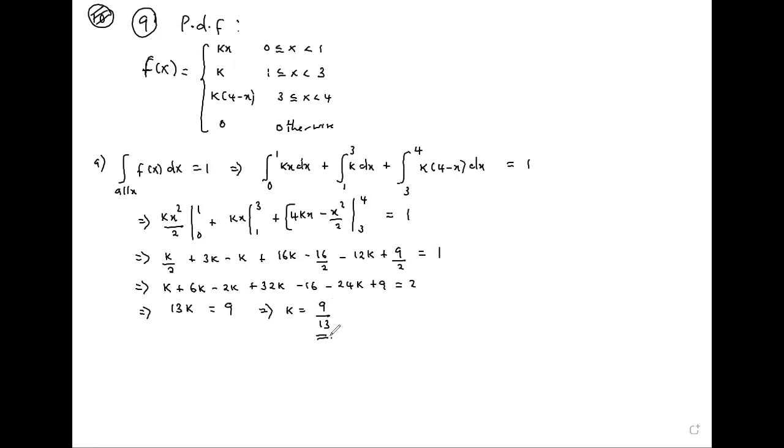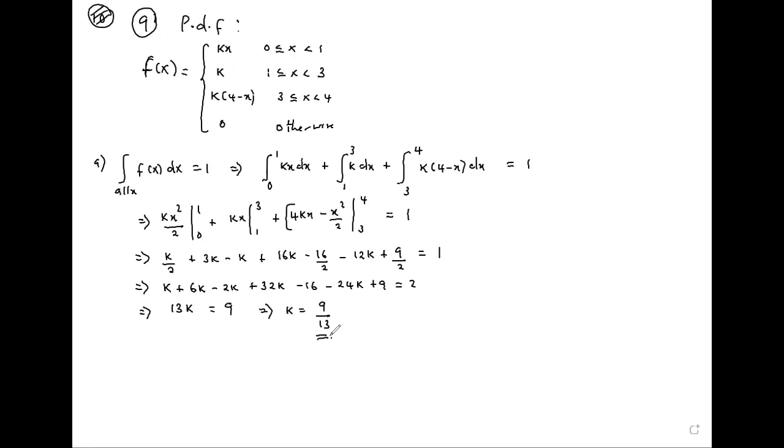This should be correct, because if you mess up here, you would have messed up big time. 16 minus 9 is 7. Negative 7 plus 2 is 9. Okay, that's okay. So k is equal to 9 over 13.